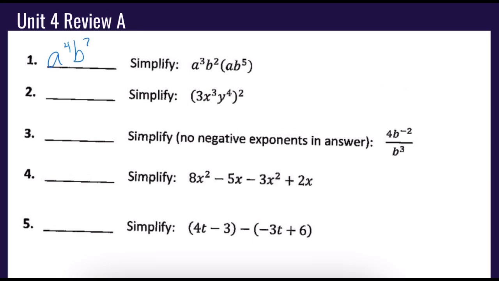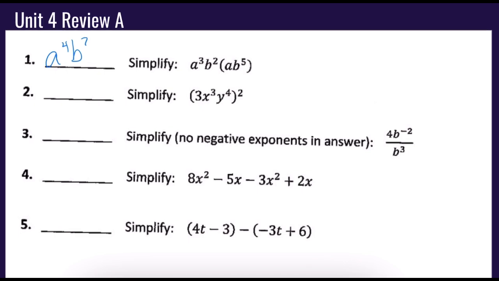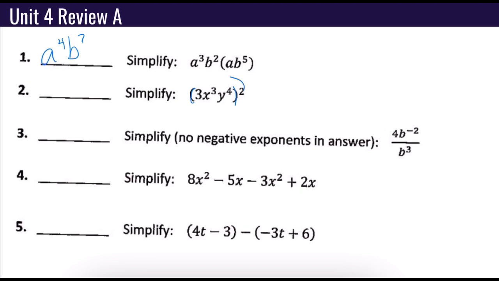Now for number 2, we have an exponent outside of the parentheses right here. And so in order to get rid of those parentheses, we need to apply that exponent of 2 to everything inside the parentheses.